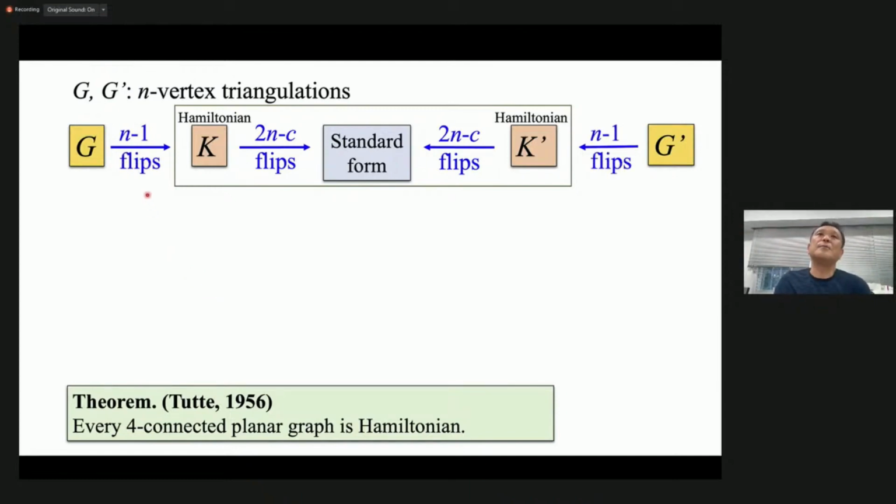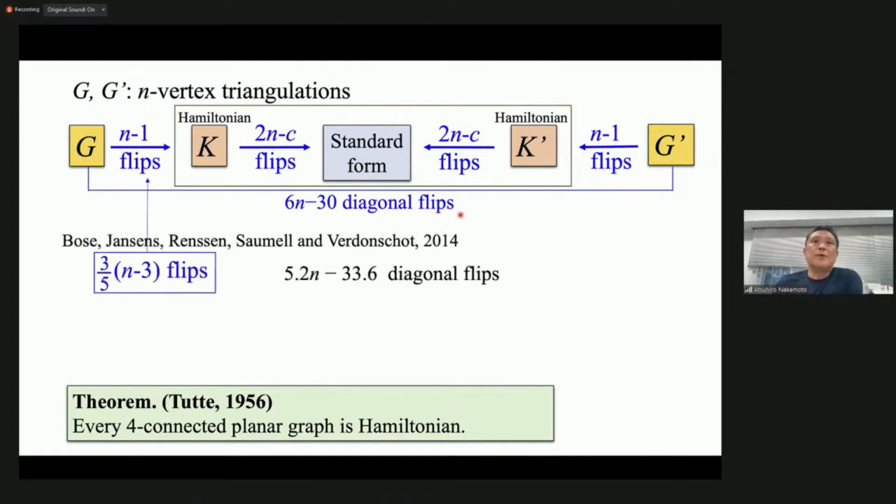Applying at most n-1 flips, we can transform G into a four-connected one. We omit the proof, but by using these extra diagonal flips, we get that 6n diagonal flips are sufficient. This is the proof.